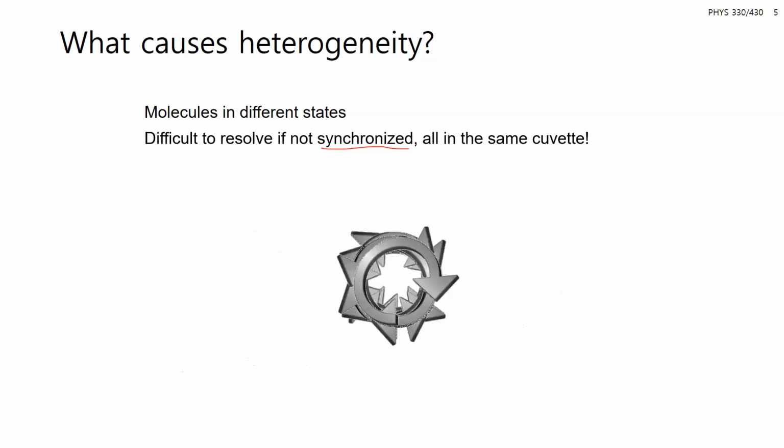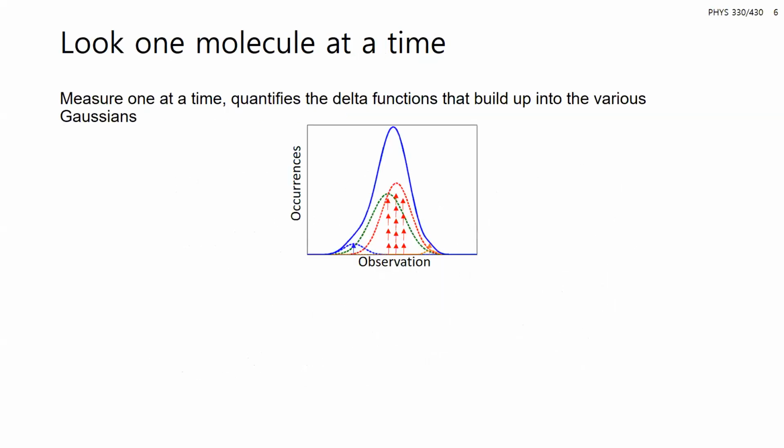same way. So this is the motivation for why single molecule measurements are used. Instead of measuring an ensemble or a distribution of behavior, what you're really observing are the individual delta functions that contribute to these populations. I've illustrated that here with these little arrows.